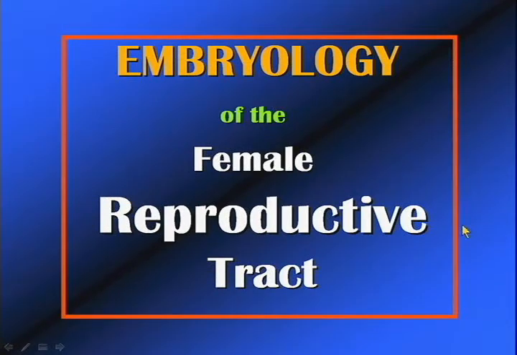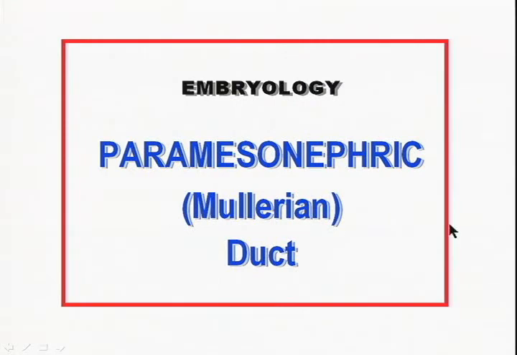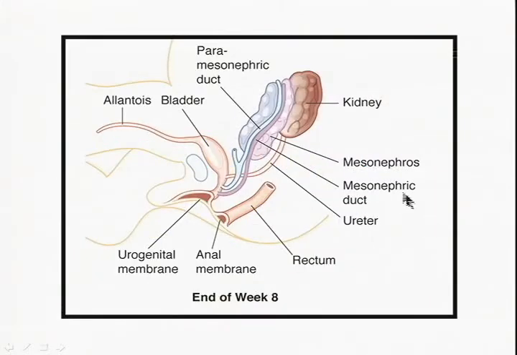Okay, embryology of the female reproductive tract. Our main concern is the Müllerian or the paramesonephric system. Here you can see the kidney over here, which is the derivate, or what the kidney will be derived from. And here we have the paramesonephric duct, which will become the Müllerian duct. And you can see there's two of these.